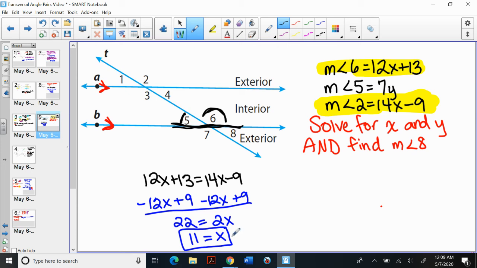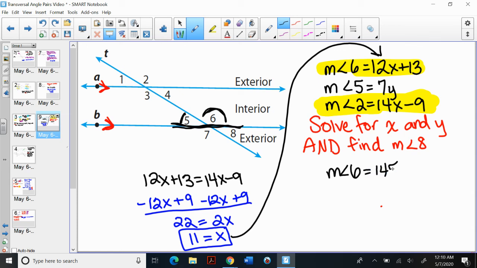So let's take this x equals 11 and plug it back in all the way up here for 12x plus 13 to find the measurement of angle 6. Okay, good. So when you substitute in 11 for x, the measurement of angle 6 is equal to 145 degrees.